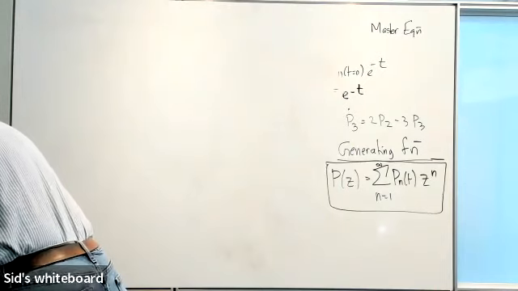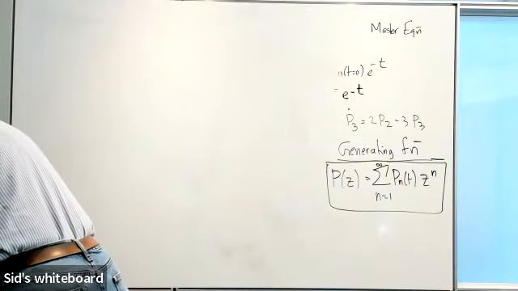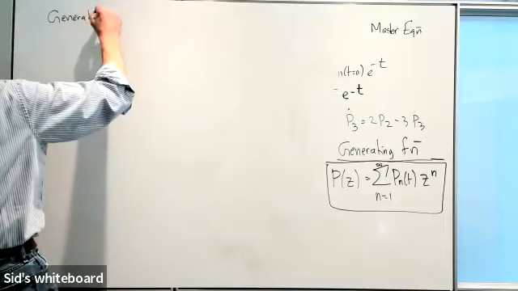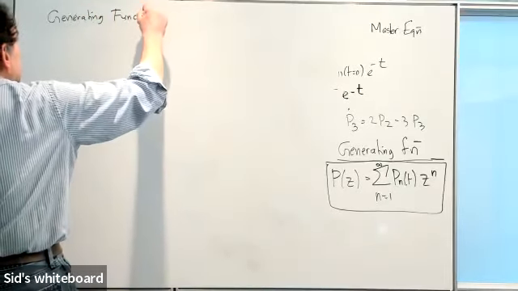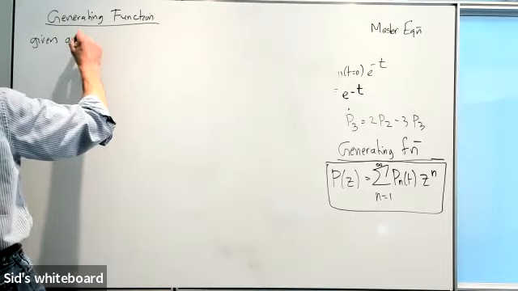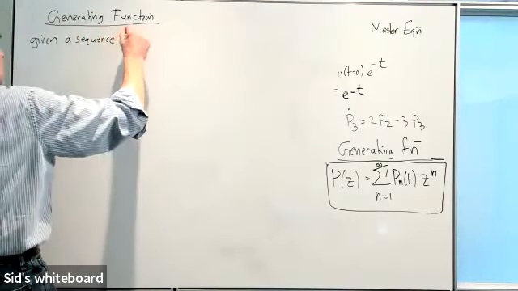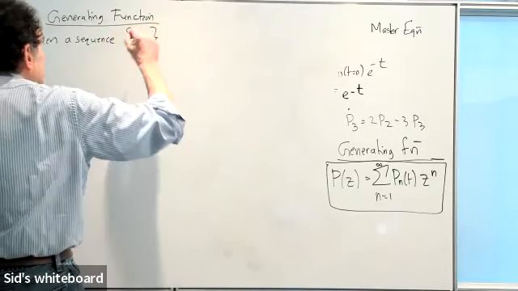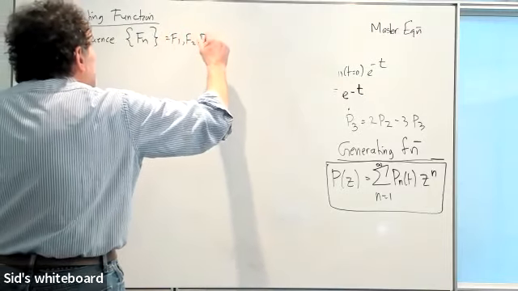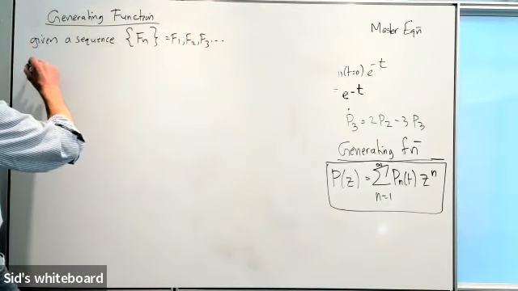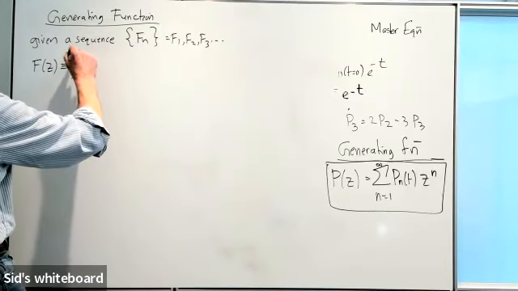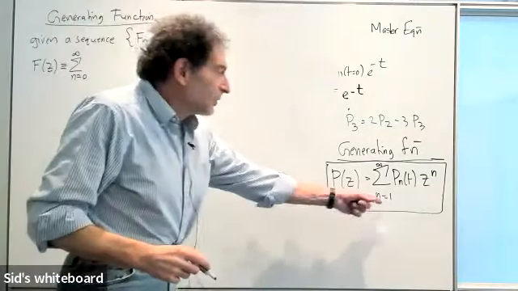Okay, so the generating function. So first of all, given a sequence Fn, where n is an integer which indexes this thing, so this is equal to say F1, F2, F3, ... So the generating function, f of z, I define to be the summation from n equals 0 to infinity, and where I put the lower limit is really a matter of taste.